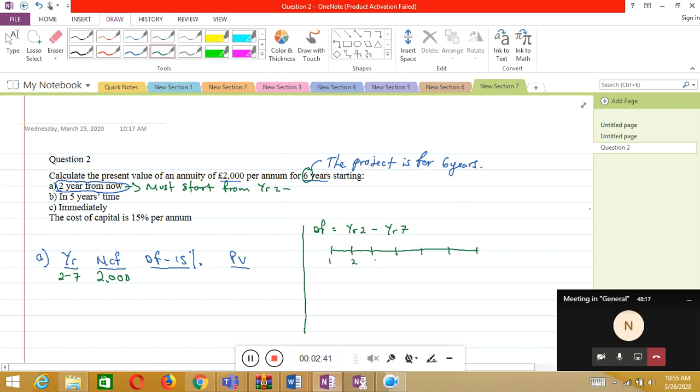You have 1, 2, 3, 4, 5, 6, 7, all these are the years, year 1 to year 7. In order to find the discount factor from year 2 to year 7, you need to find the discount factor from year 1 to year 7 first.